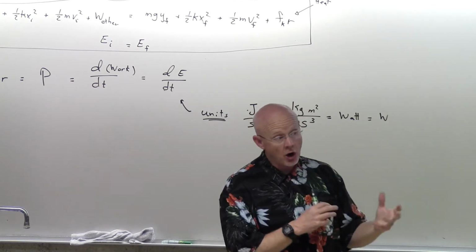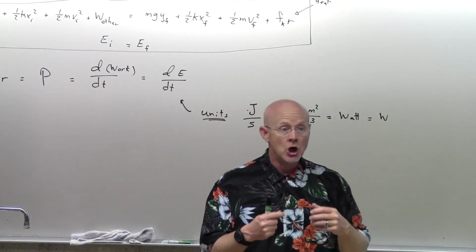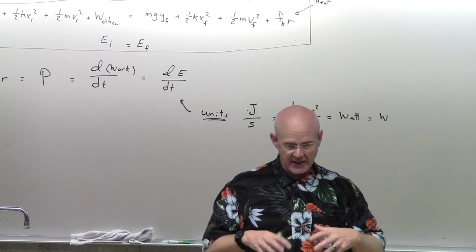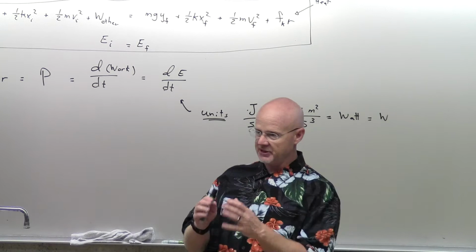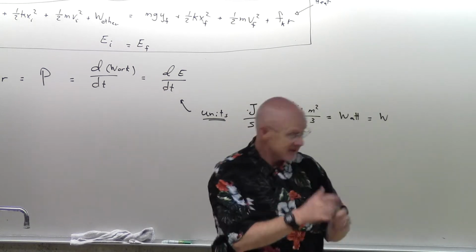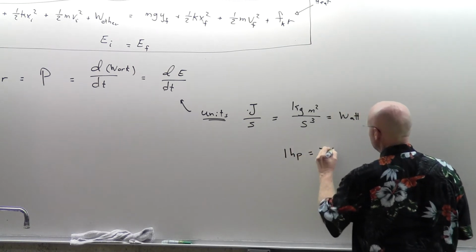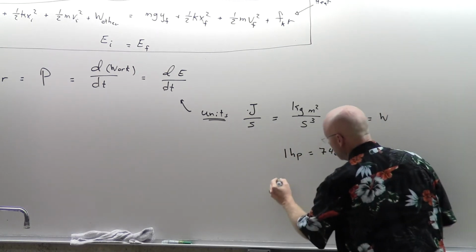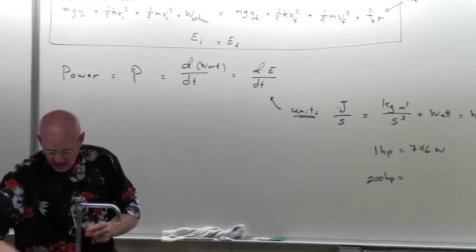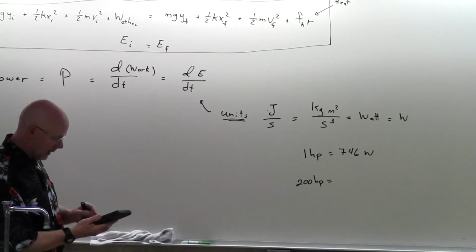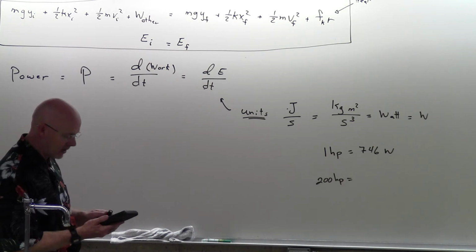But if I was buying a car overseas, I would walk up to the window in the dealership, and instead of saying 200 horsepower, it would say whatever 200 times 746. 1 horsepower is 746 watts, meaning 200 horsepower would be, good time to grab my calculator here, 200 times 746.